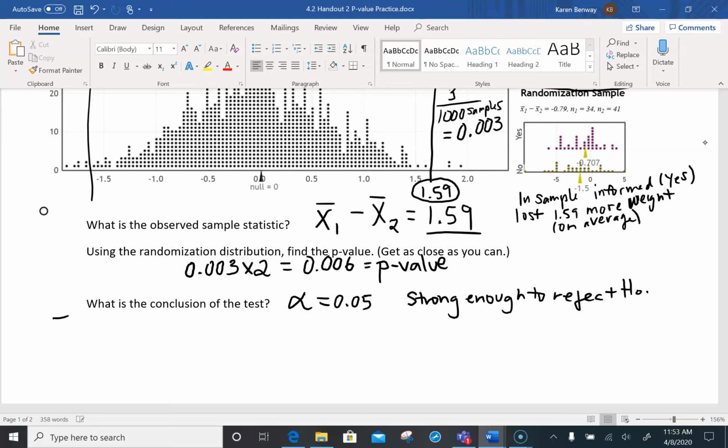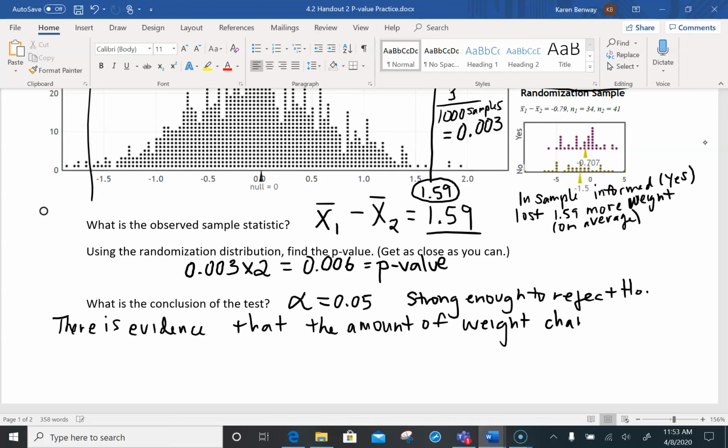The conclusion of the test: there's evidence that the amount of weight change differs between housekeepers informed that their work meets the guidelines and those who are not informed.